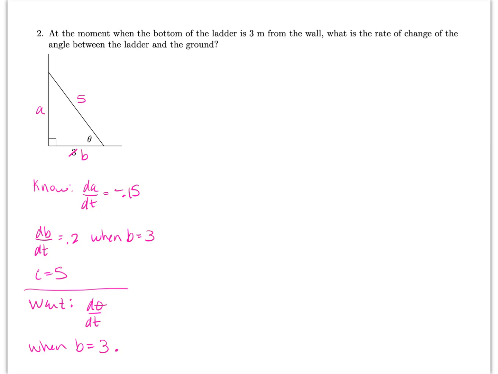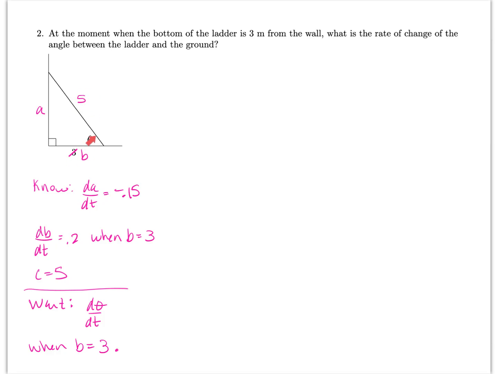All right, so I need an equation that can relate some of the things I know to some of the things I want. Okay, so I know a lot of things now. I want to know d theta/dt, and the moment in time I'm interested in is when B equals 3. So I think I'm going to use B and the 5 to relate my theta.